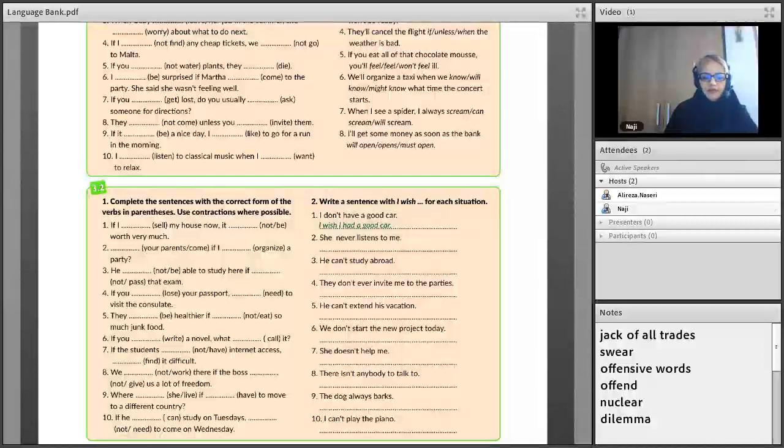Now, let's go back to the book, 3.3, page 28. That's great news.